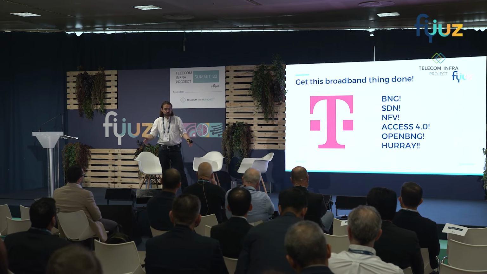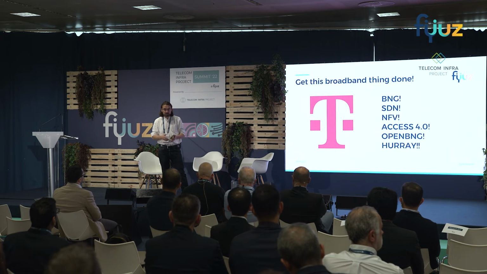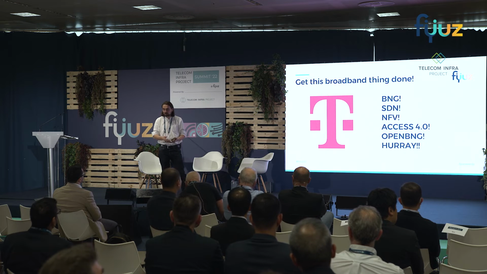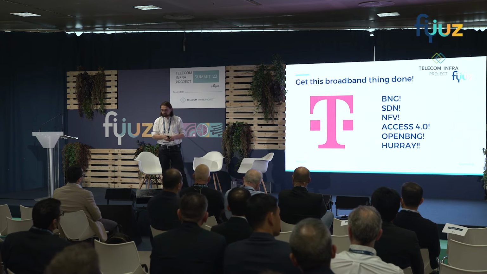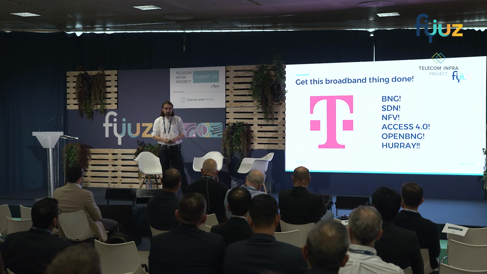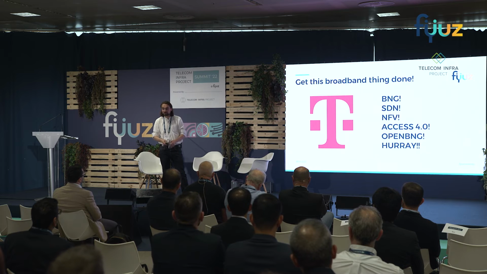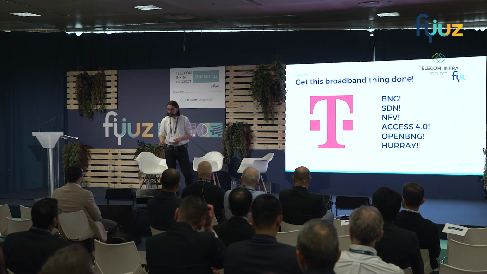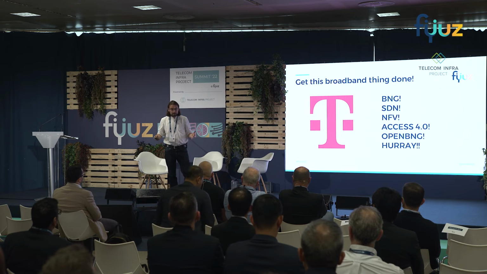Access 4.0 is our big project in our German organization, which is transforming the BNG into this new, modern, disaggregated, flexibly, more programmable thing. And we are also supporting the OpenBNG, and for sure we are moving along, and there will come more things over the course of time. And we are still excited to work on this and bring it forward, and bringing broadband services to our customers or improve them in our internal operations.